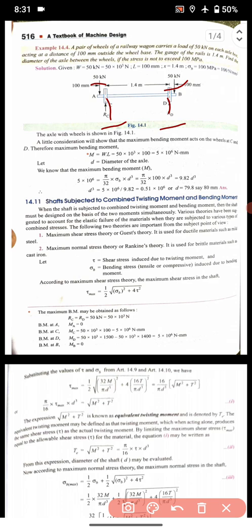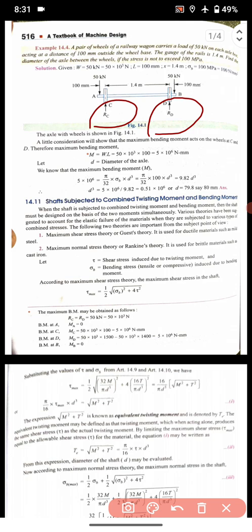So where is the maximum bending moment getting produced? It is so simple to predict because there are only two places where the reaction is located.